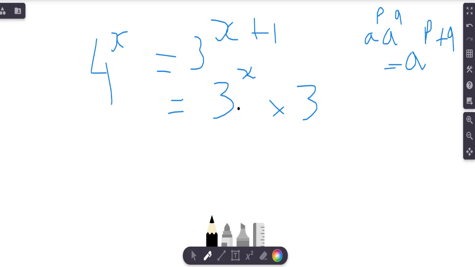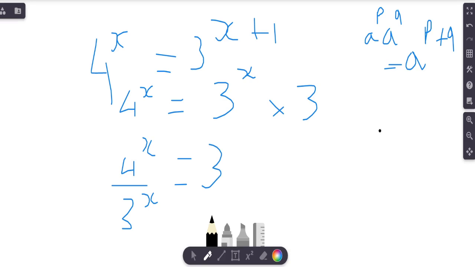So now I'm going to divide both sides of the equation by 3 to the x. Okay, so I have 4 to the x divided by 3 to the x equals 3.